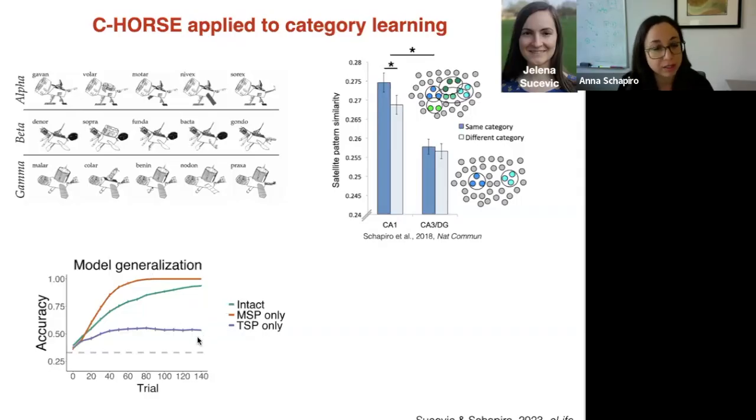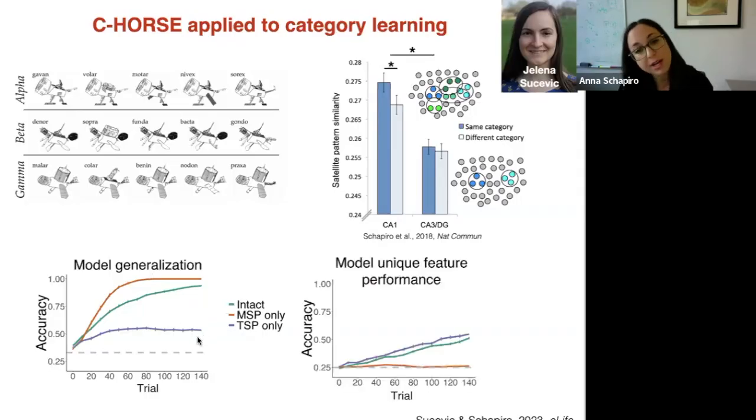and then the trisynaptic pathway struggles with generalization. But again, if you change the assessment, so if you say, to what extent can you remember those unique individuating features of these very similar looking objects? In that case, the trisynaptic pathway is able to do that, and the monosynaptic pathway really struggles with that. So the trisynaptic pathway is useful here to the extent that you are trying to keep track of those arbitrary details.